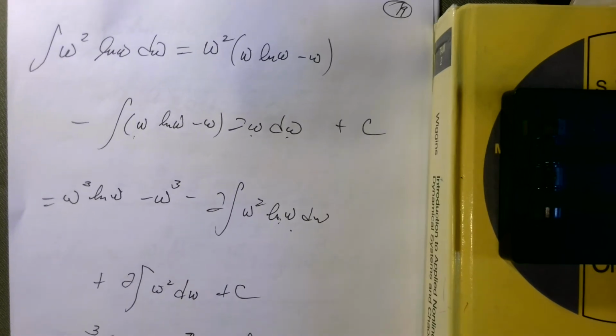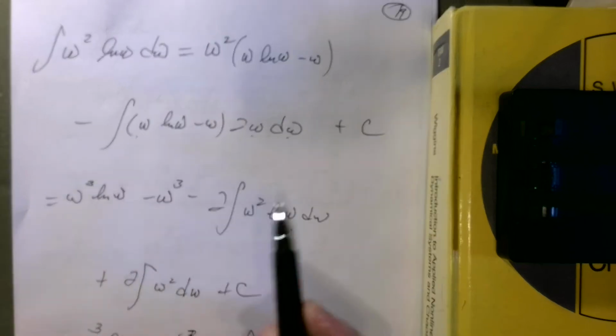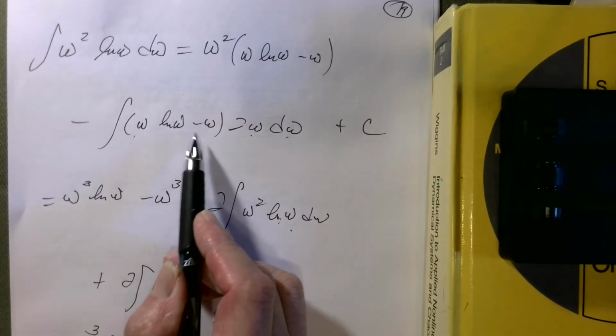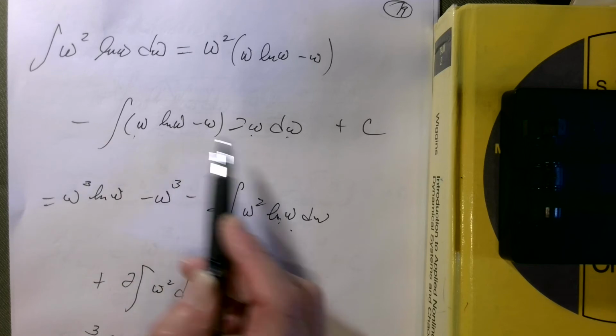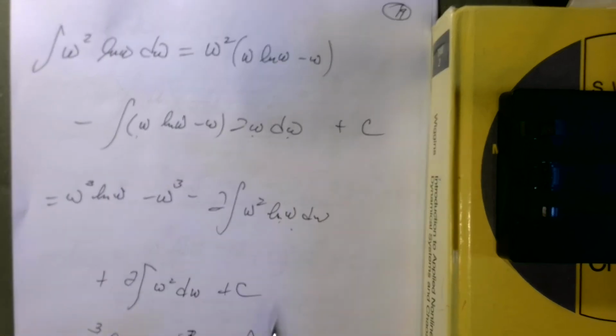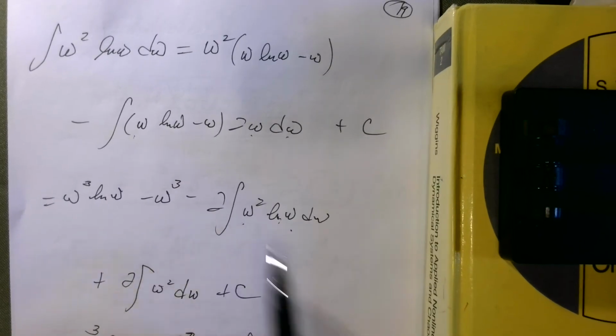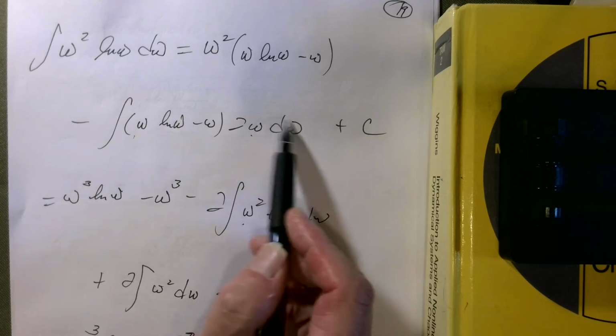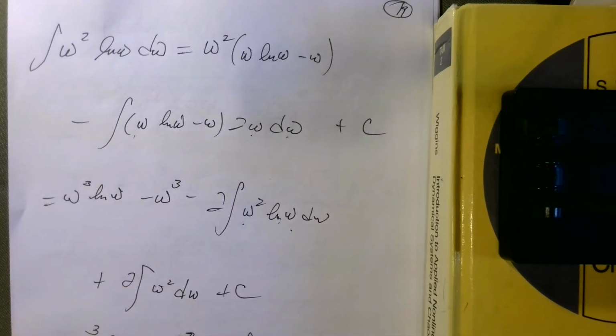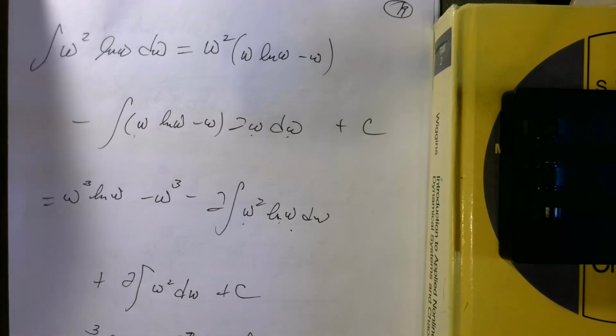Well, let's think about this. I can break this up into two pieces. We can integrate that, but we end up with the same type of thing that we started with right here. Is that bad or is that good?